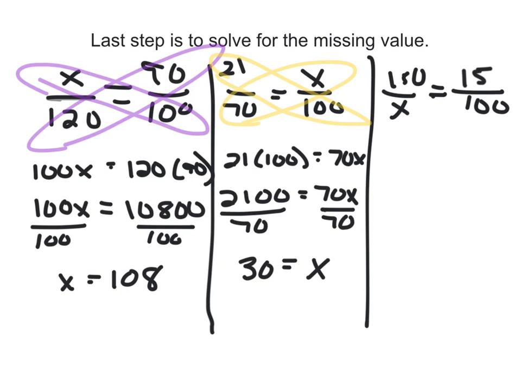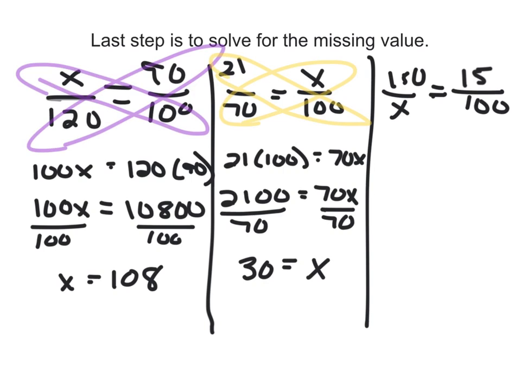2,100 divided by 70 is 30. 70 divided by 70 is 1, and 1 times x is just x. So now I can look. 21% is less than half. Half of 70 is 35. So I know that I'm at least in the right ballpark with that one.